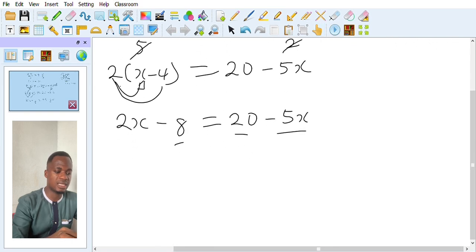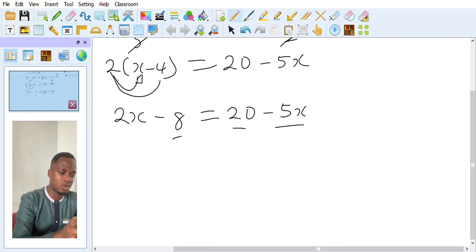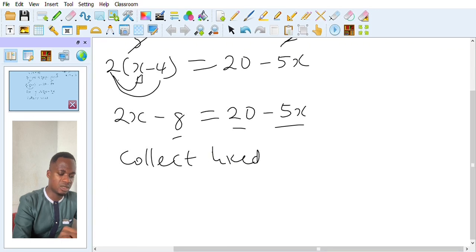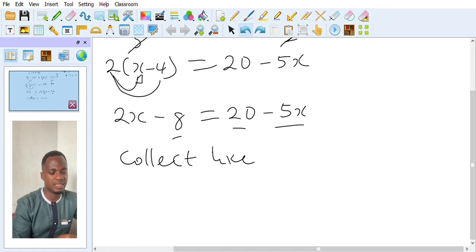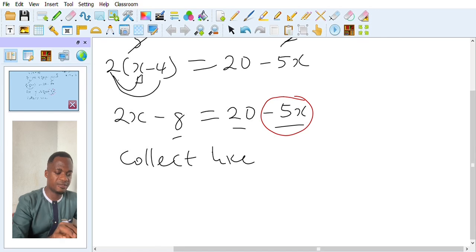So we're going to collect like terms next. If you don't understand what like terms are, I still have a lesson on that. Here we have a negative 5x. To remove negative 5x from the right hand side, we're going to add 5x to both sides.